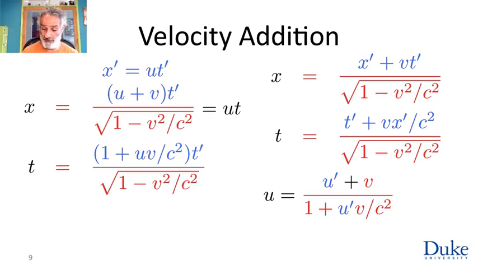The other nice property of this is that if you plug in u prime equal to c, if I observe something moving at a speed c, what will you observe? Well, if u prime is equal to c, then u is equal to c. So this has the property that on the one hand, at low velocities, it's Galileo. On the other hand, light travels at the speed of light, no matter who's measuring it.